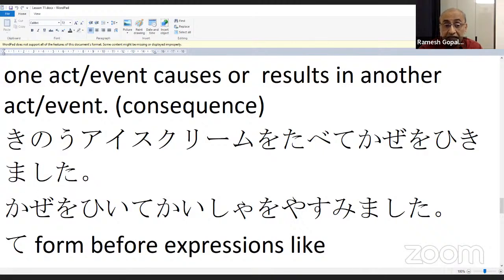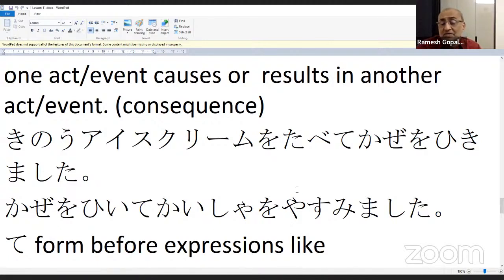Next sentence you see. Kaze o hiku becomes kaze o hite. Kaisha o yasumimashita. Because I got a cold, I took leave from my office. I didn't go to work. So this was cause and consequence.